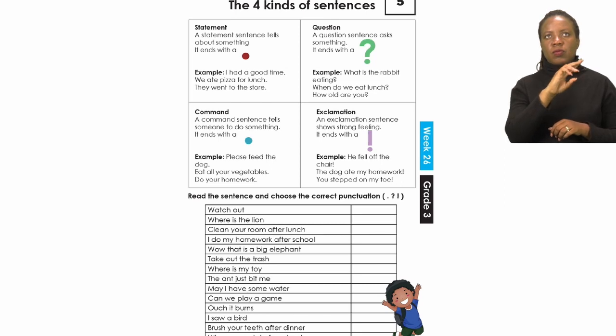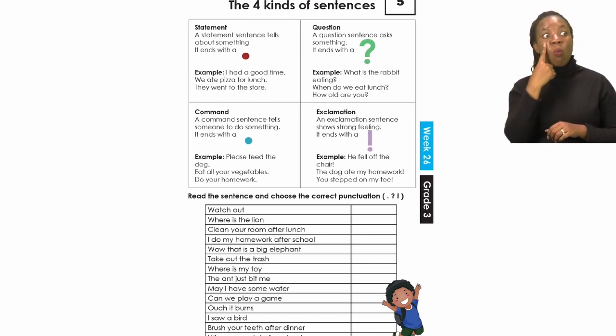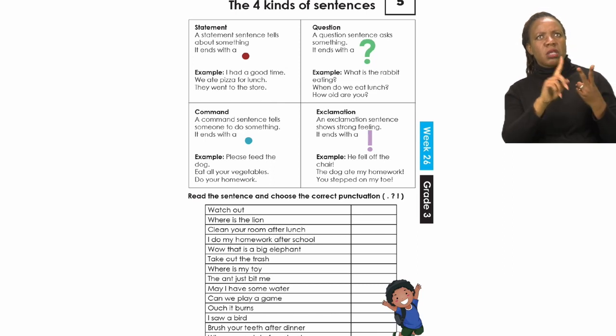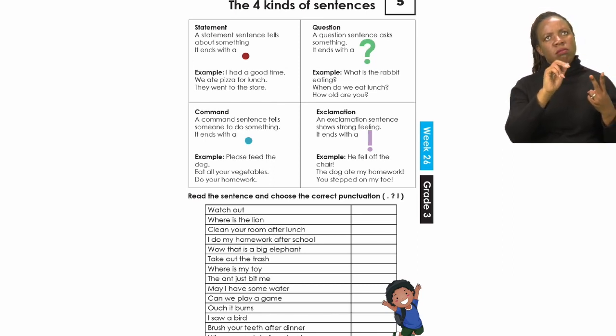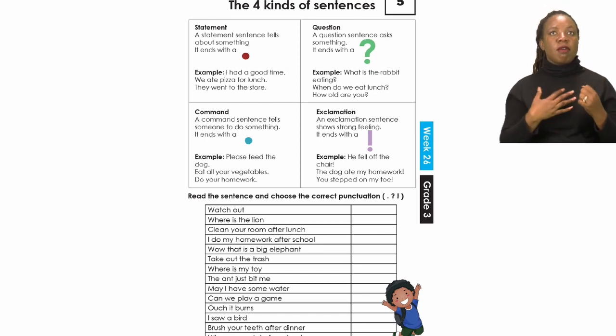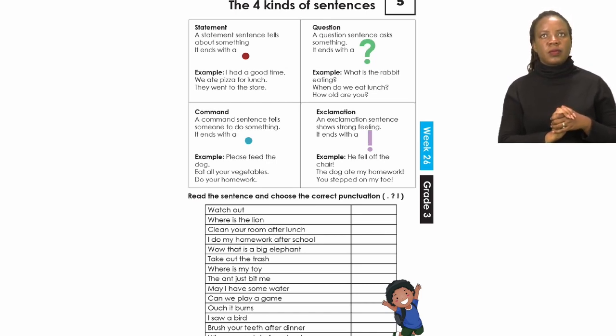So, are we having a statement, a command, a question, or an exclamation? Well, this one sounds like there is a strong feeling behind because we're trying to warn someone. So we can go ahead and put a, well done, an exclamation mark. Good job. Please put an exclamation mark on the space provided, the boxes.